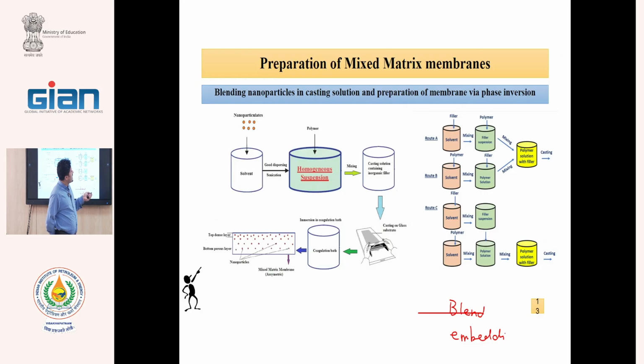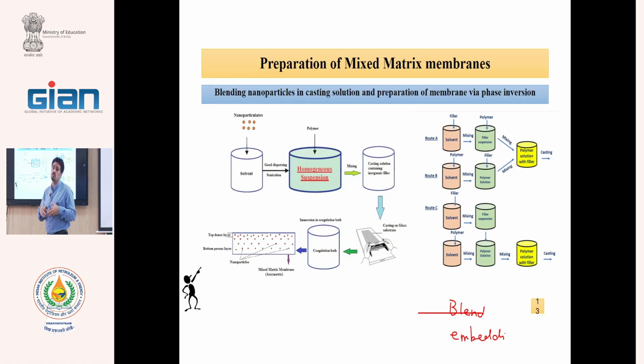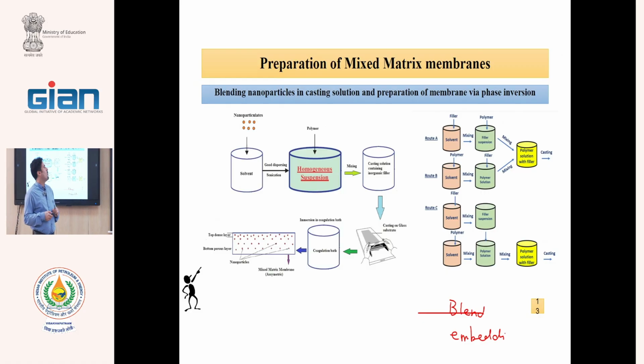For stability of the nanomaterials and to reduce agglomeration, we can use surfactant. Surfactant causes good dispersion of the nanomaterials, or we can add some hydrophilic polymers.